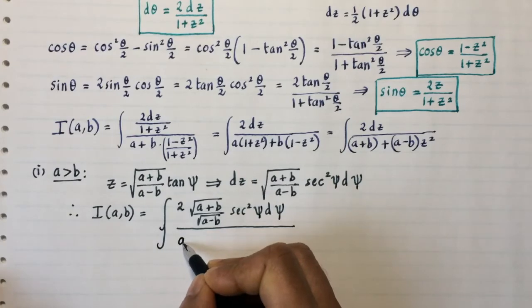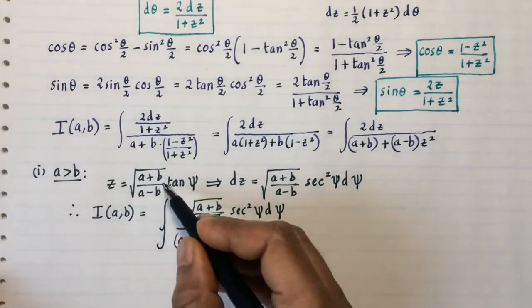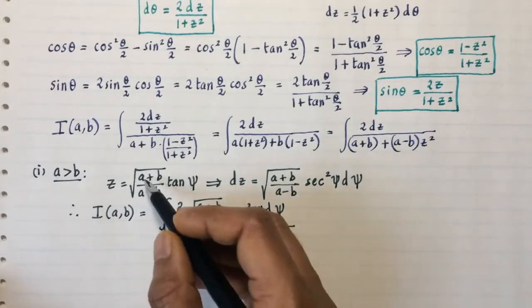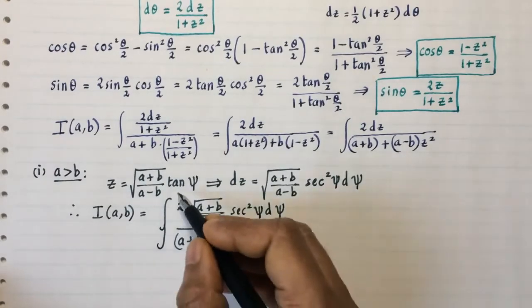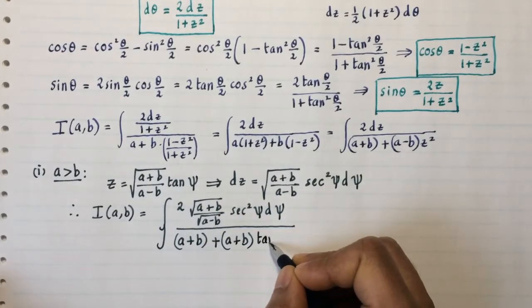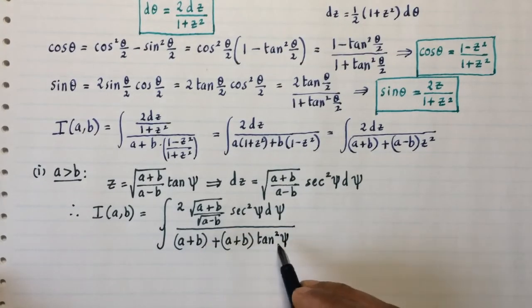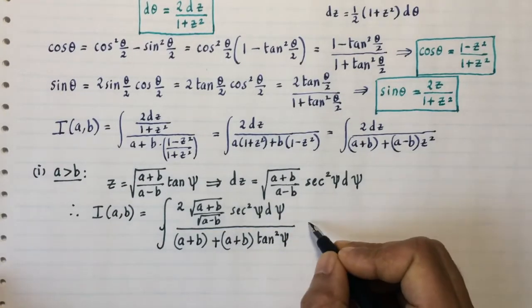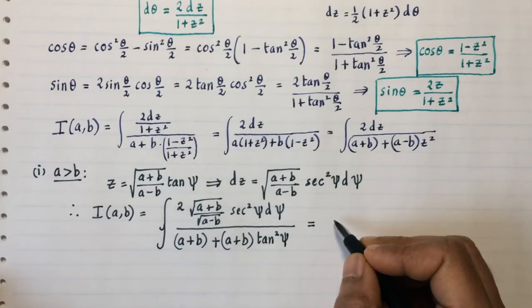So there's a plus b plus, and here as I said, if I square this, the a minus b's will cancel out and I'll just get another a plus b tan squared psi. Now this is a plus b times 1 plus tan squared psi, but 1 plus tan squared psi is the same as secant squared psi. So I can cancel those two things out, and I very simply have evaluated the answer.